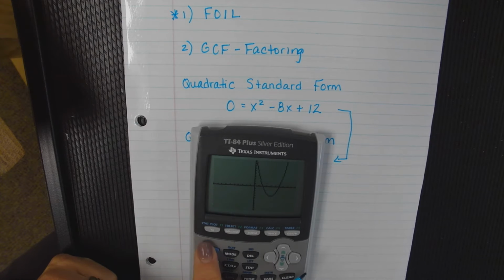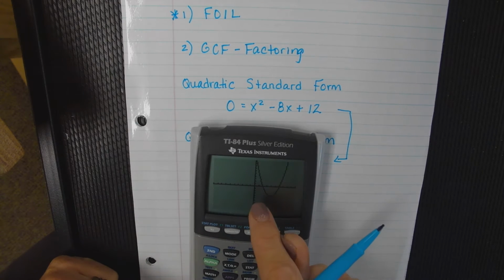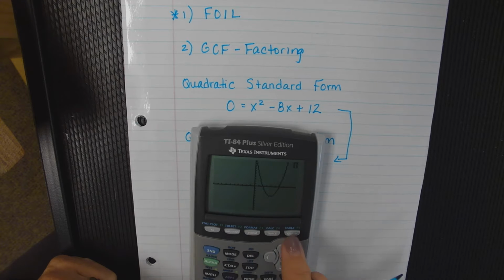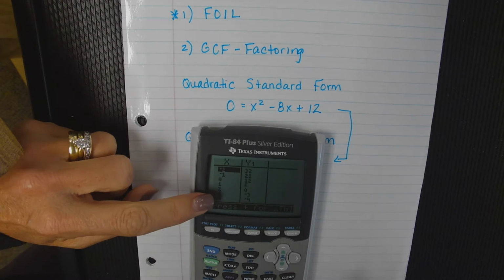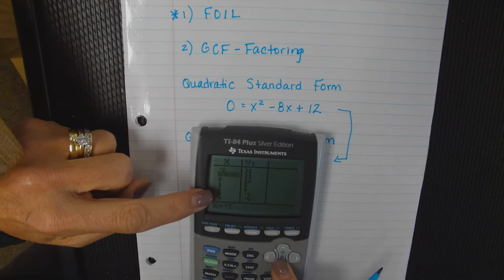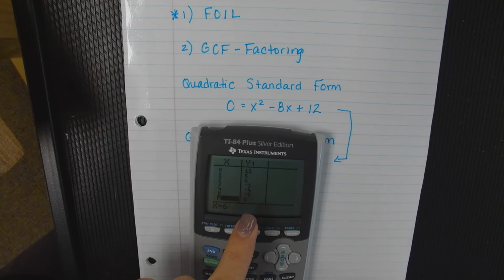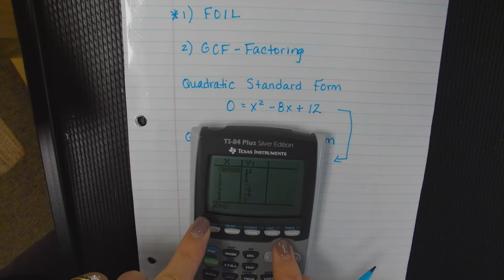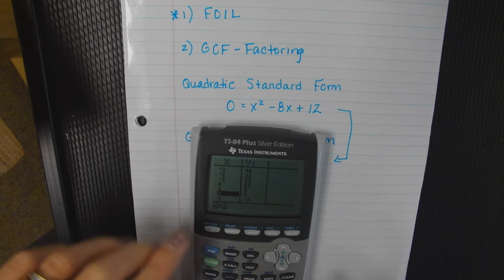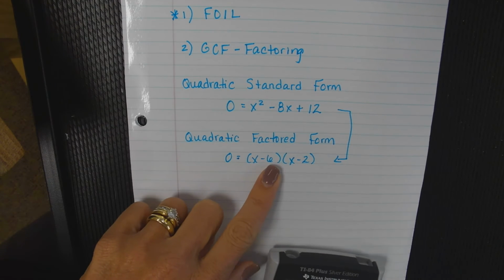It looks like it's at 2 and 6, but let's look at our table. When y is 0, x is 2 and 6. Isn't this so helpful, y'all? And that is what this is.